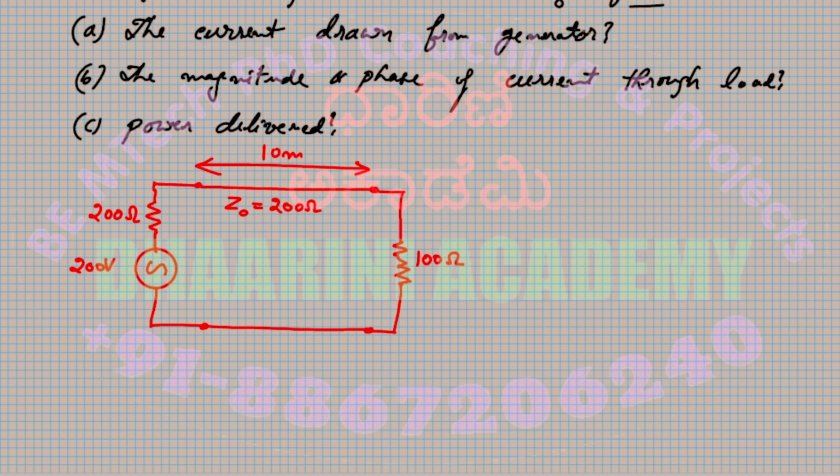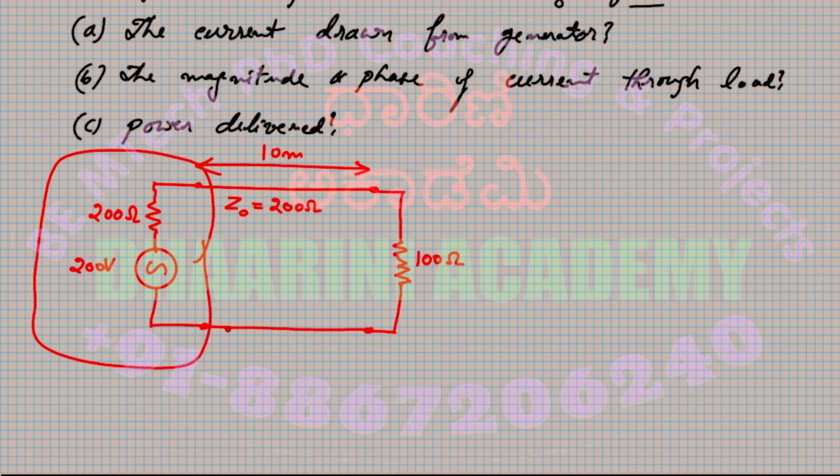Now, we are talking about the source. When the source looks into the circuit containing the load plus the transmission line, this should look like a ZI for us, correct?